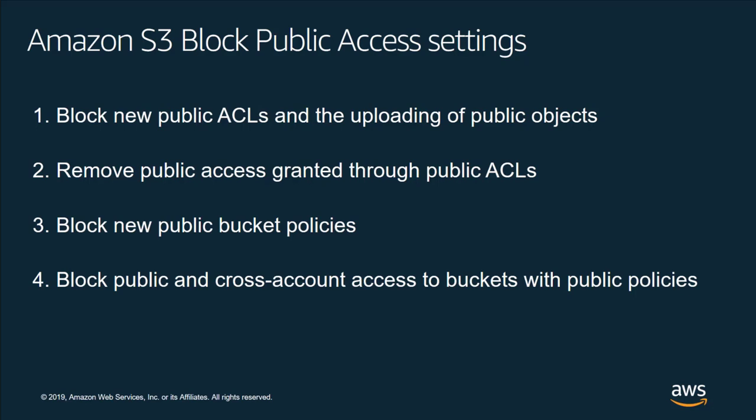And the fourth one blocks any existing bucket policies from enabling cross-account or any access via a public bucket policy, as I showed earlier in the previous slide. So to reiterate, most customers should enable all 4 settings. We do recommend that you validate that this will not interfere with the performance of your applications.